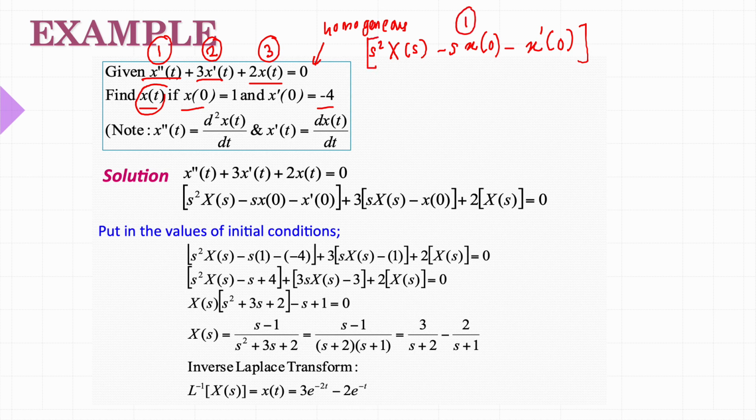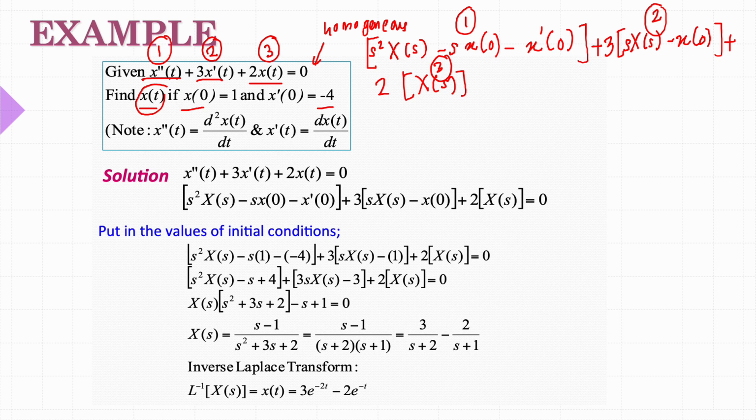Plus 3, we bring it in front, the second term. It is only one order of differentiation, so X(s) minus x(0). This is for the second term, plus 2 for the third term, 2x(t), therefore it's going to be X(s). This is the third term.